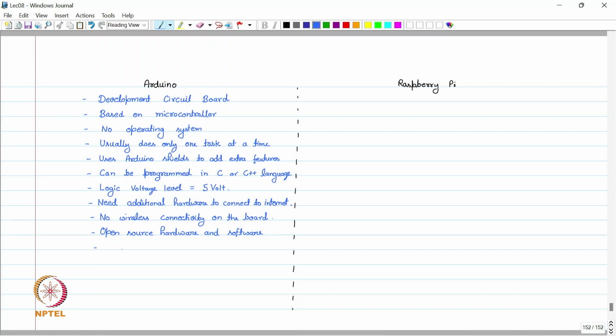And this is not very costly. So these are some points about the Arduino. Arduino circuit board is nothing but a development circuit board.